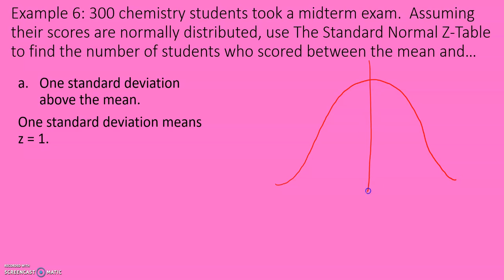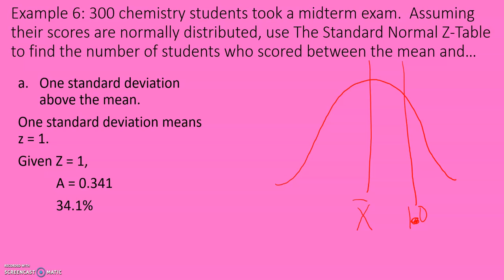Thinking about our curve, this is going to be our mean. And our one standard deviation, our Z is going to be 1. Given Z equals 1, A equals 0.341. That's 34.1%.